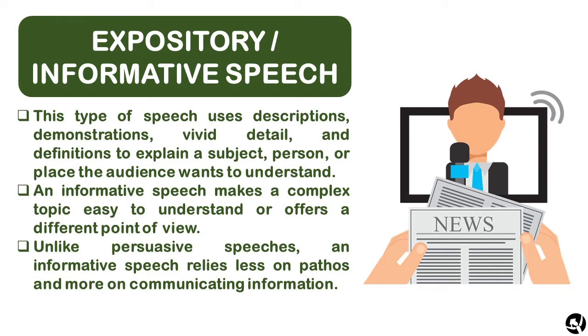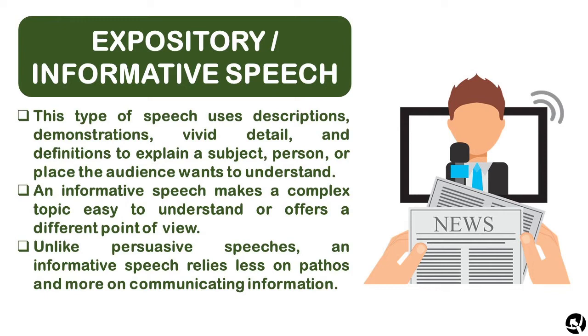The goal of this type of speech isn't to sway the audience to the speaker's point of view. Instead, the details need to be laid before the audience so that they can make an educated decision or learn about a subject they are interested in. However, it is important for the speaker to think about how this information will be presented. An informative speech should rely less on appealing to the emotions of the audience, which is an important component of persuasive speeches.